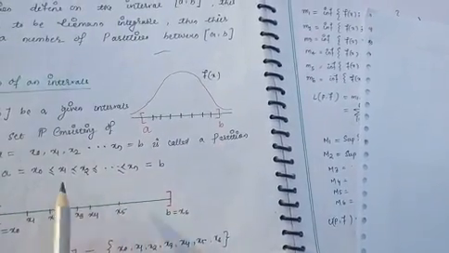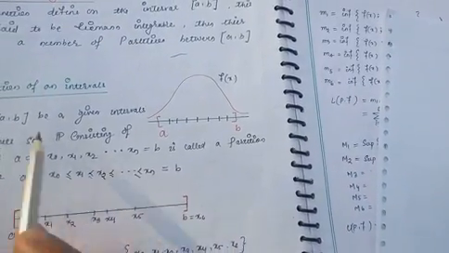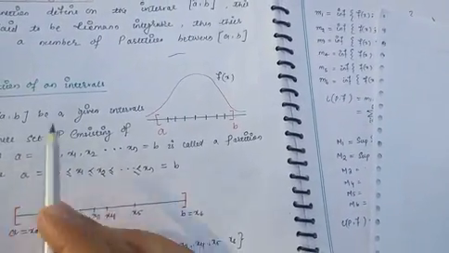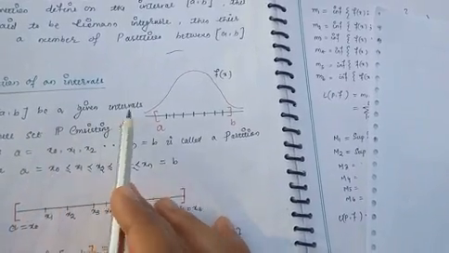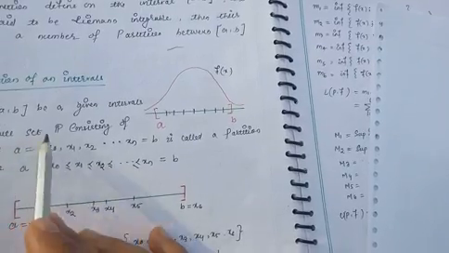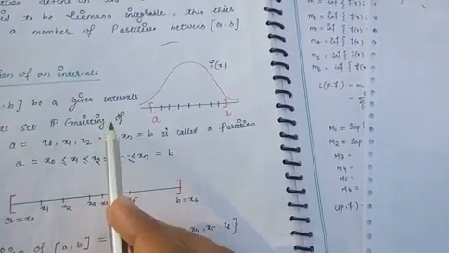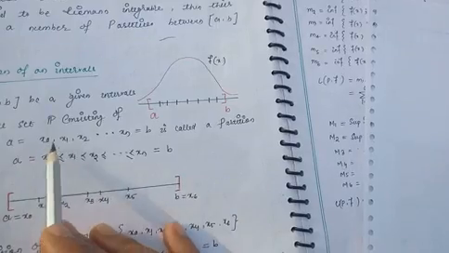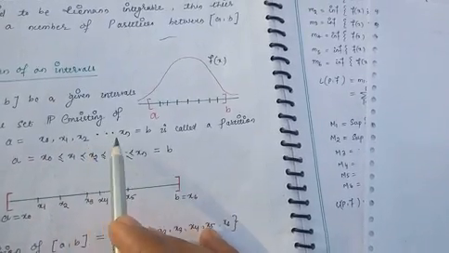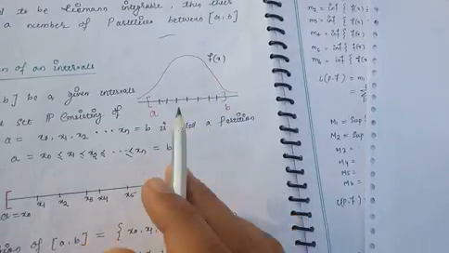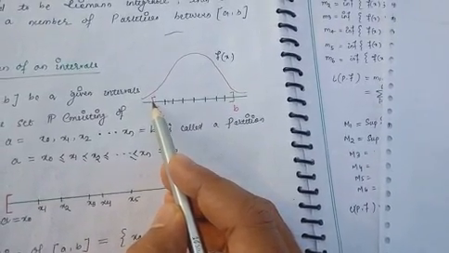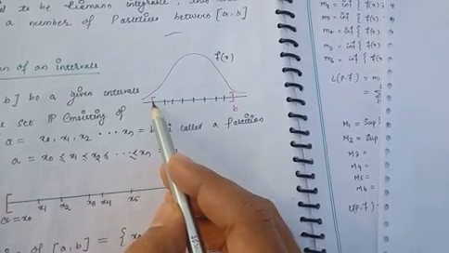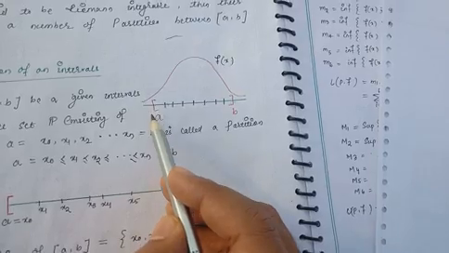So here is the description. Let [a, b] be a given closed interval, and P a finite set consisting of points a = x0, x1, x2, up to xn = b. This is the initial point where x starts, the x0 point.